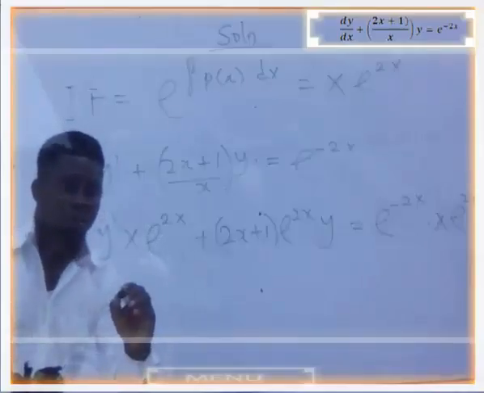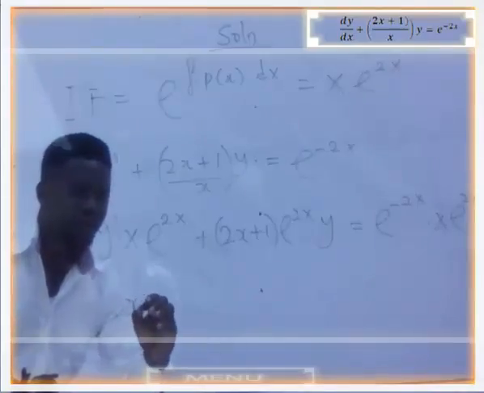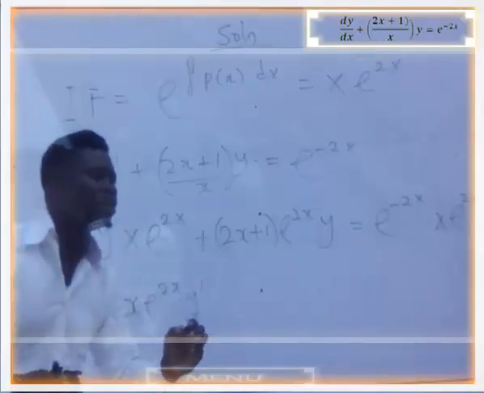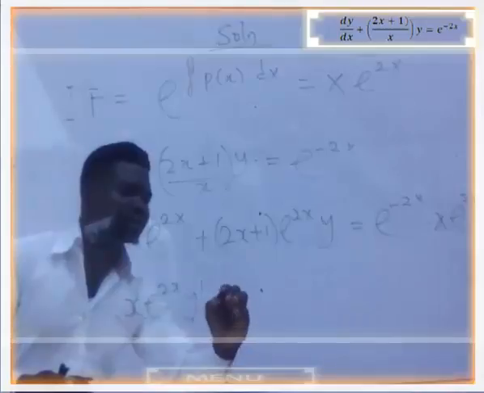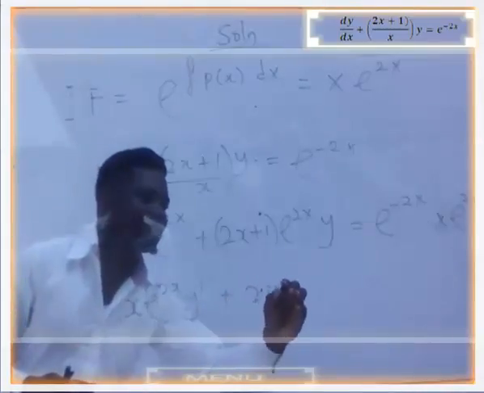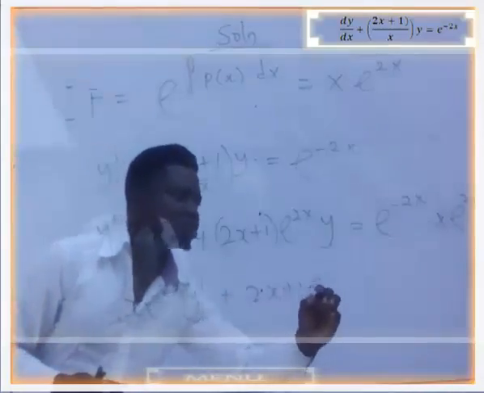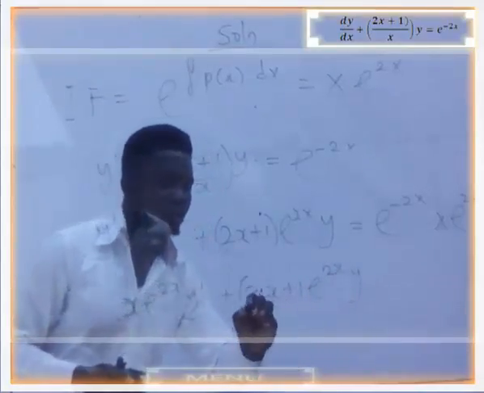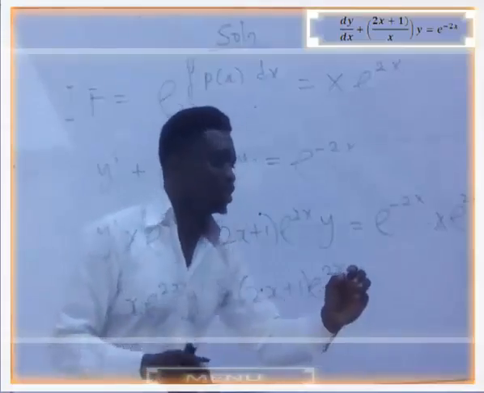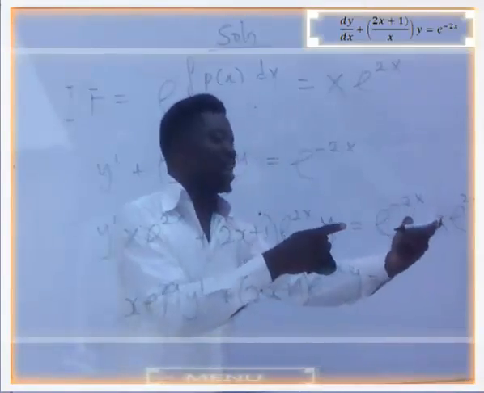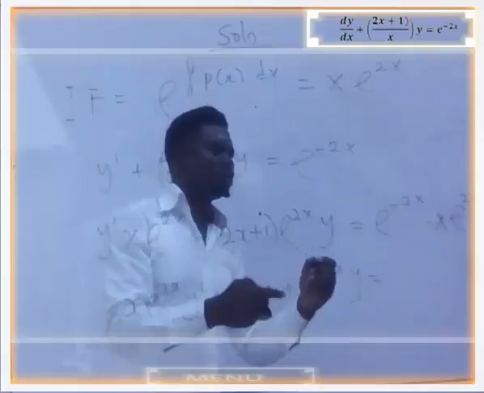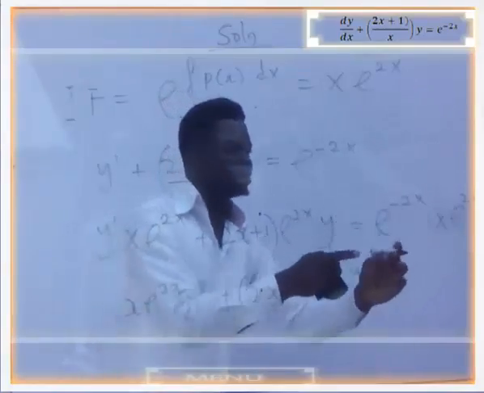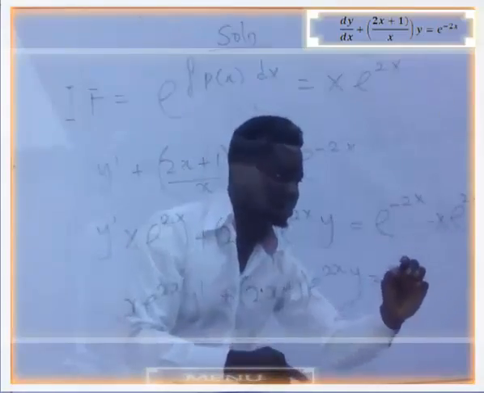So I have x exponential 2x y prime plus (2x plus 1) exponential 2x y is equal to x.